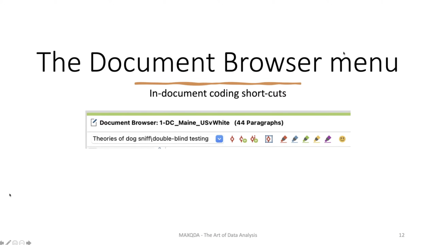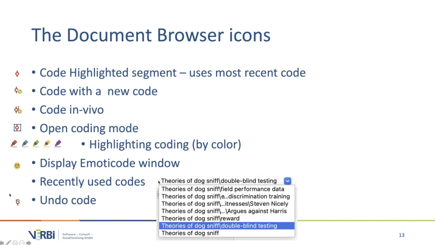The document browser. We talked a little bit about this last week. What you see here is if we're actually in a document, and this is a case from my dog sniff study, we're going to be interested in each of these icons that exist. So this morning I created yet another neat little graphic. What do these things mean?